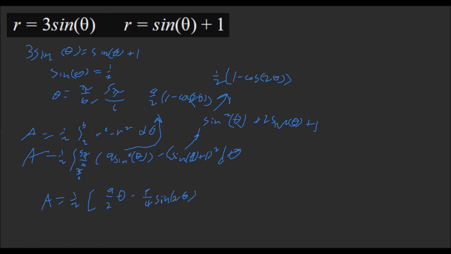And if you have trouble seeing why, then just take the derivative of negative 9/4 sine 2 theta, and you'll end up with negative 9 over 2 cosine 2 theta. Minus 1/2 theta. And since we're subtracting this, it might as well be a plus 1/4 sine 2 theta.